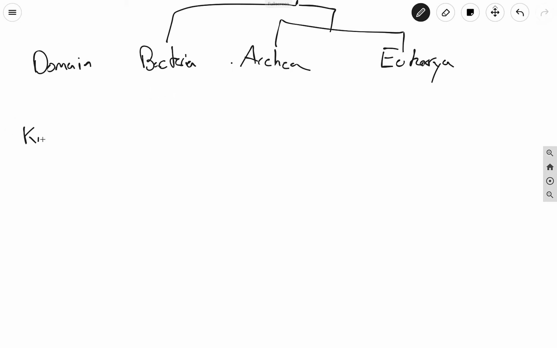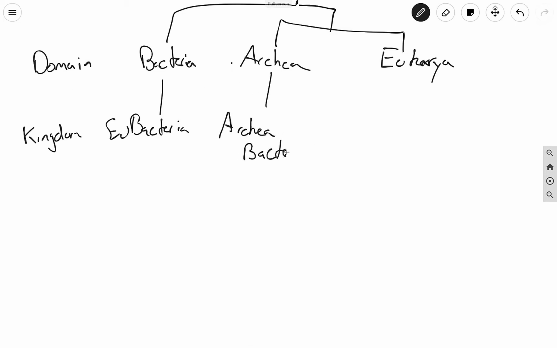Within each domain, we have a kingdom. And inside of bacteria, we have the kingdom Eubacteria. So there's only 1 kingdom in here. So everything in this kingdom is everything in this domain. Inside of archaea, we have archaebacteria. And then eukarya has 4 large supergroups that we call protists. And so we break this down into kind of 3 different kingdoms.